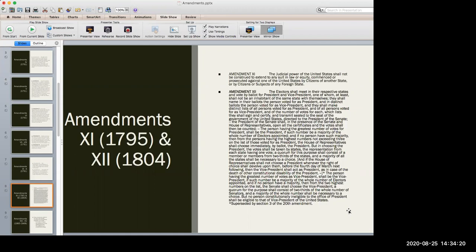And if you look at this, and I know it's very small for y'all, but at the bottom, there's an asterisk because part of this was changed, right? Representatives shall not choose a president whenever the right of choice shall devolve upon them before the 4th day of March following. Then the vice president shall act as president, as in case of the death or other constitutional disability of the president.